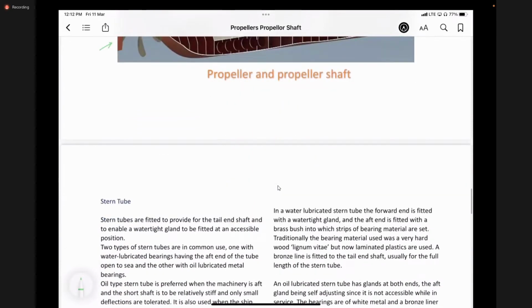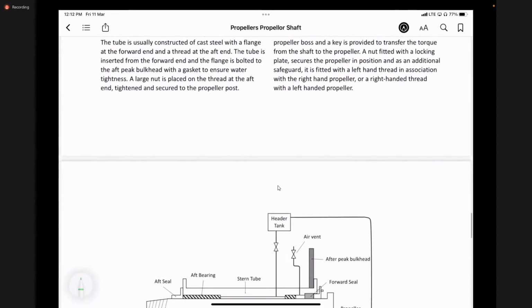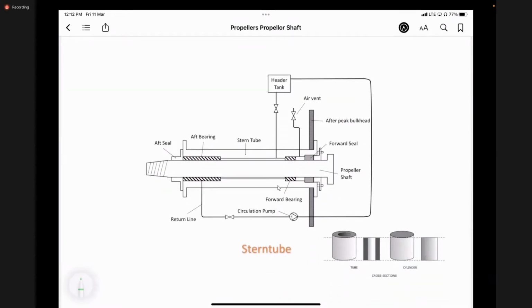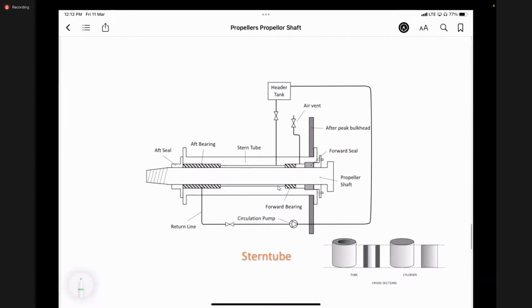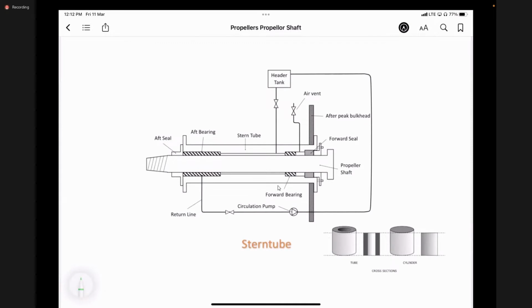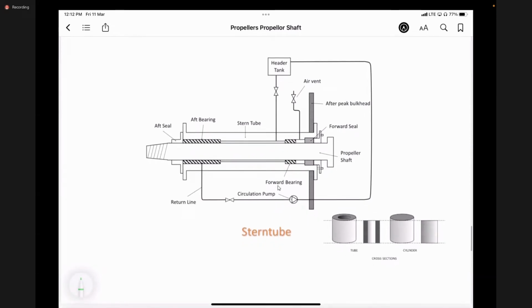You can read these things later on, not to worry. Instead of showing this figure, this is slightly more complicated for you to understand as of now. But let me tell you what the thing is.